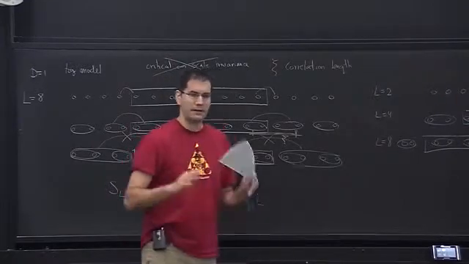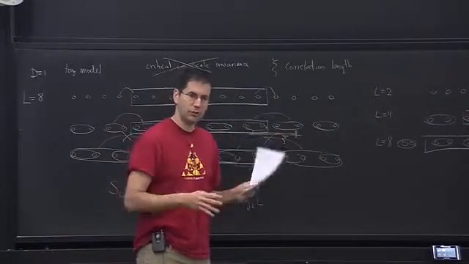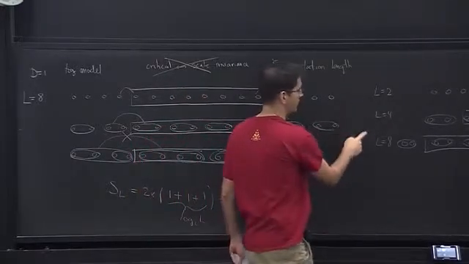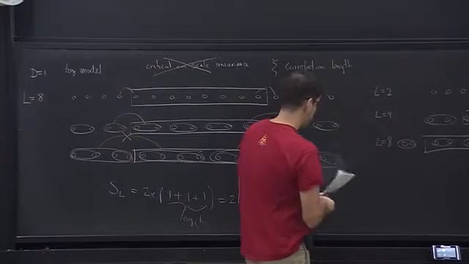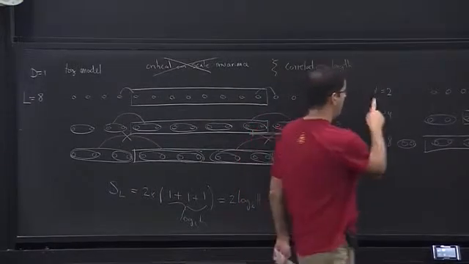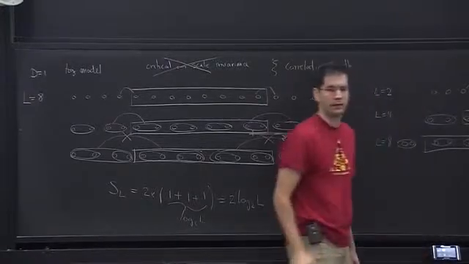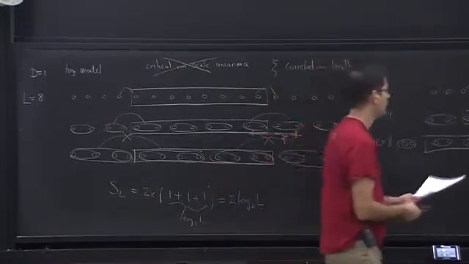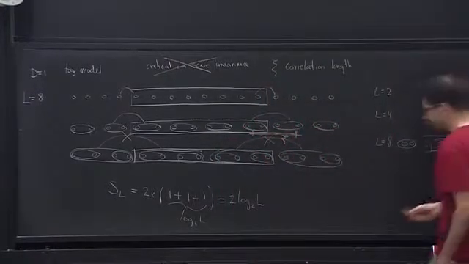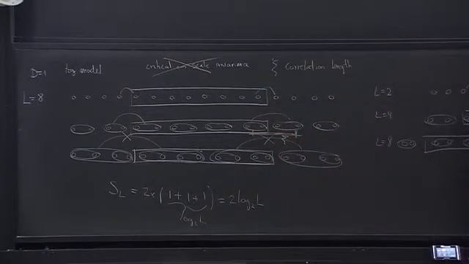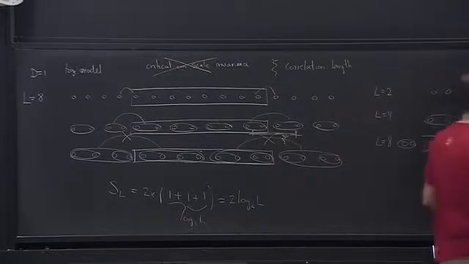So let's take that toy model and compute again the entanglement entropy as a function of L. If the region A is small, then I get what I expected: S of L equal to 2 is 2 times 1, as before.